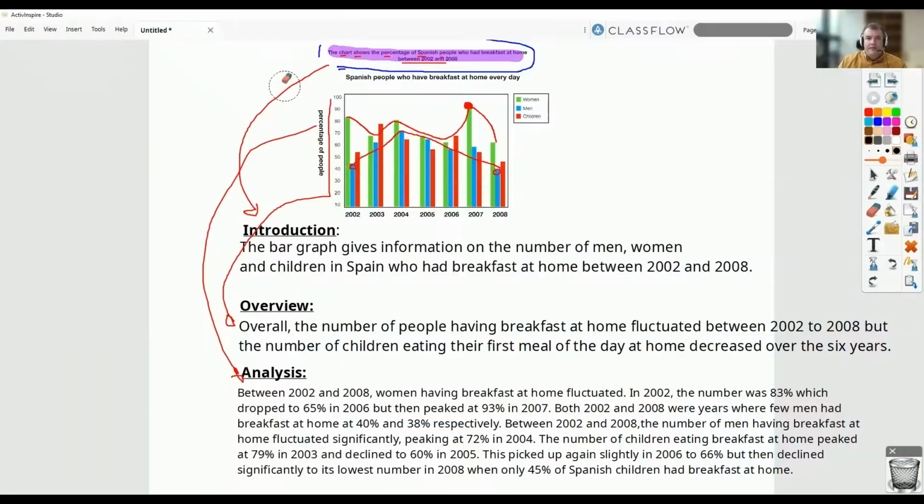Just to recap on how we did it, let's color code the answer to make it a little bit clearer.